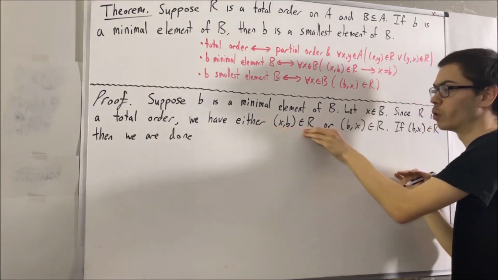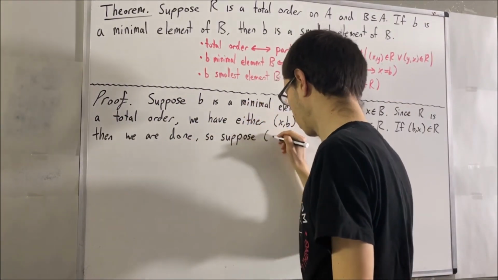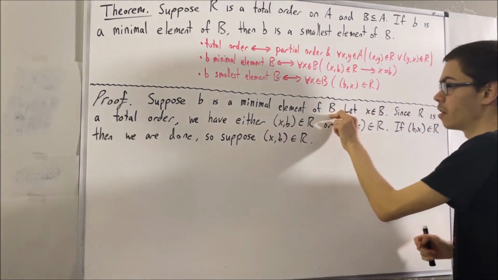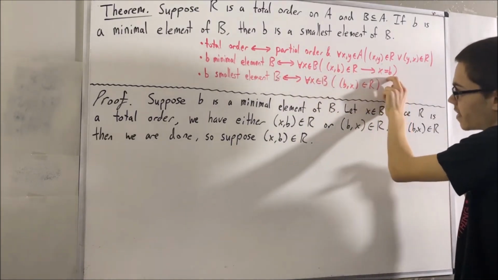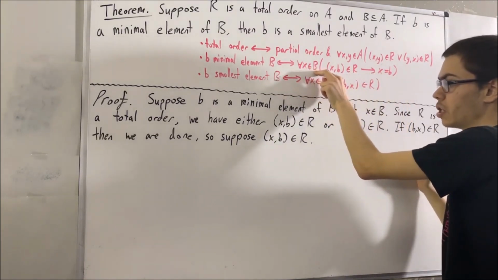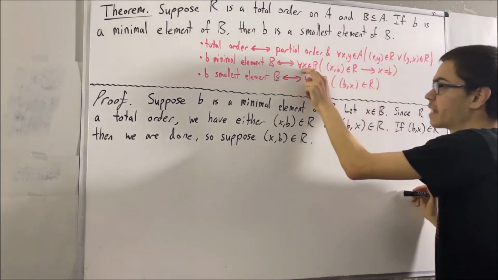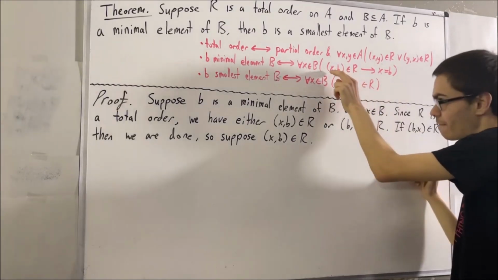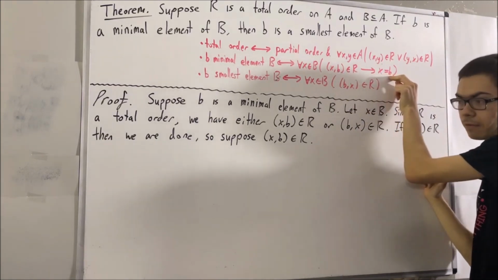And so in this case, we also want to prove that (b, x) is an element of R. Now, because b is a minimal element of B, we know for a fact that this statement is true. And this statement works for every element in B, so it must work for x. So if we take x and substitute it for the x that we have in our proof, we get that if (x, b) is an element of R, then x is equal to b.